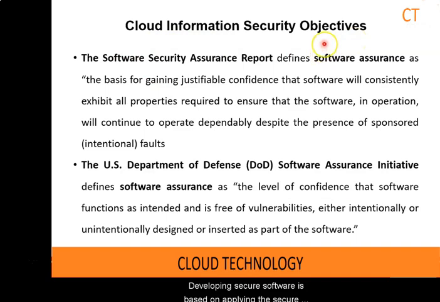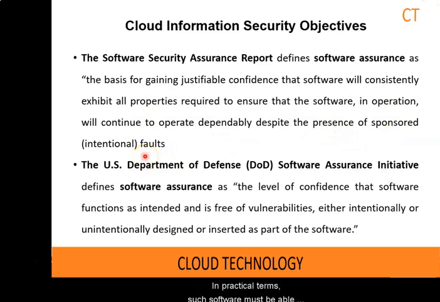Developing secure software is based on applying the secure software design principles that form the fundamental basis for software assurance. Software assurance has been given many definitions, and it is important to understand the concept. The Software Security Assurance Report defines software assurance as the basis for gaining justifiable confidence that software will consistently exhibit all properties required to ensure that the software in operation will continue to operate dependably despite the presence of sponsored fault.